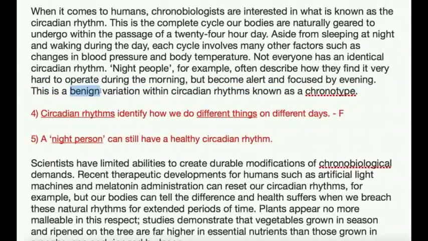So this is telling you that this variation between people, whether they're night or morning people, is not a harmful variation. So that means a night person can still have a healthy circadian rhythm because it's not a problem. So the answer for this one is true.